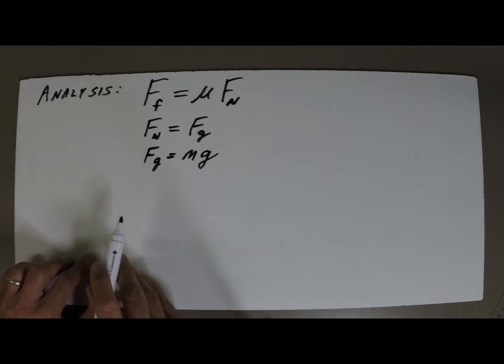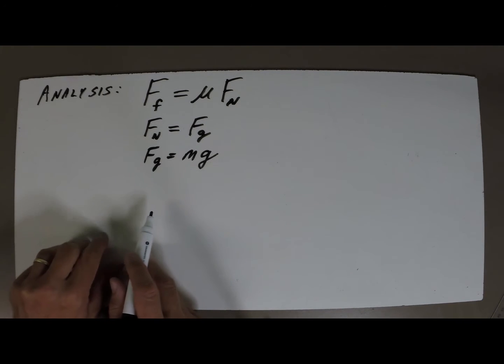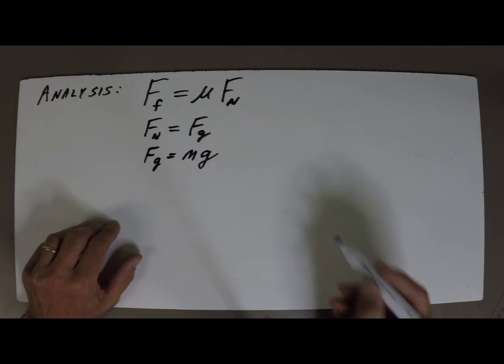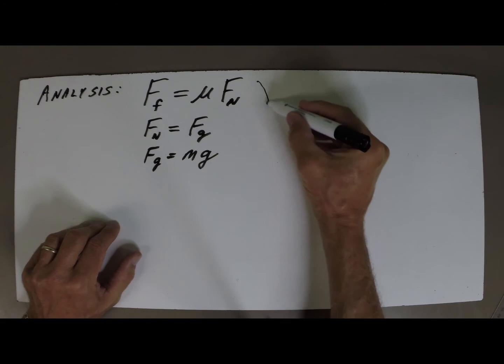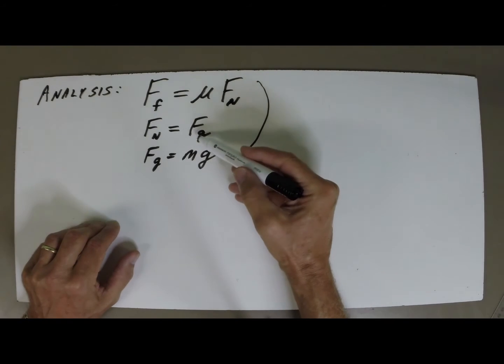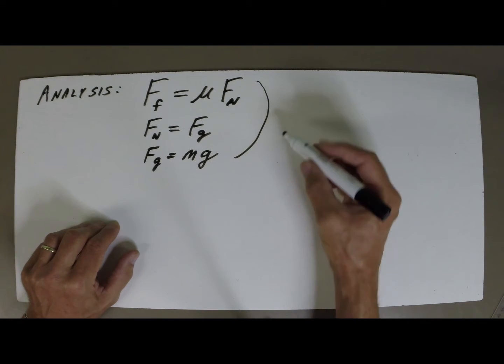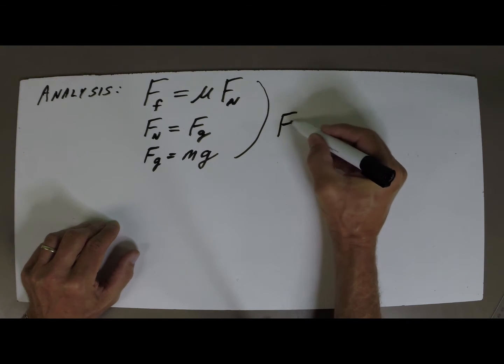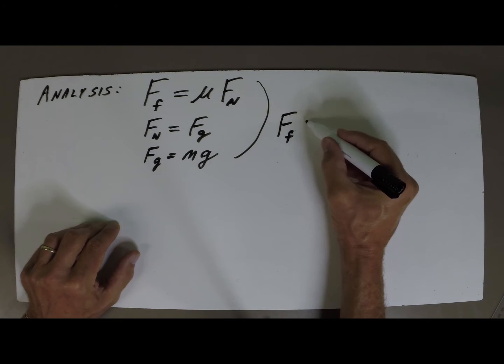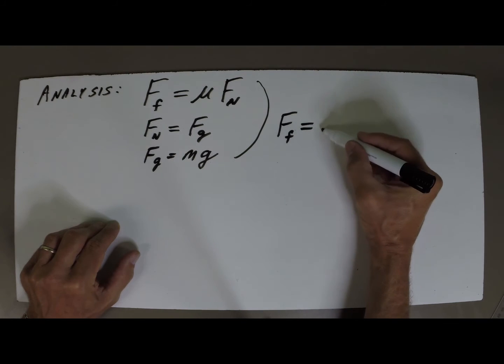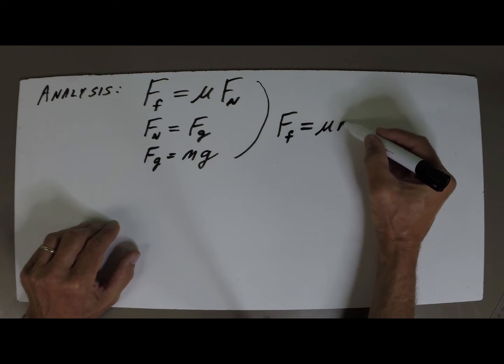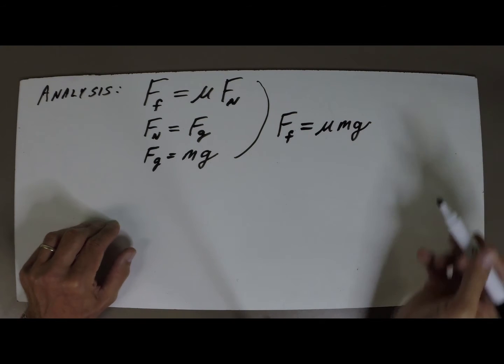So these three formulas are going to help us work out the force of friction. We can combine the three of them together, substituting Fg in the place of Fn, and Fg is equal to mg. So we'll get the new formula for horizontal surfaces, that the force of friction is equal to mu mg.